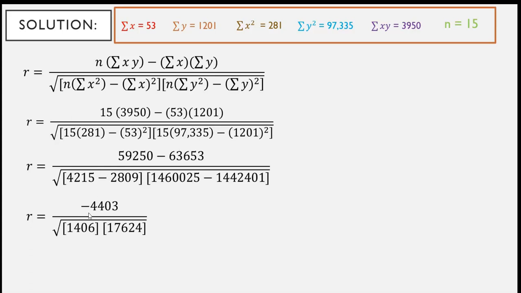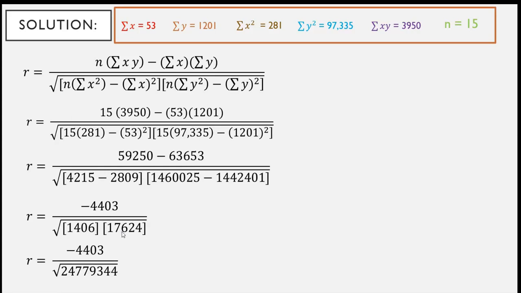59,250 minus 63,650 is negative 4,403. 4,215 minus 2,809 is 1,406 times 1,460,025 minus 1,442,401 is 17,624.